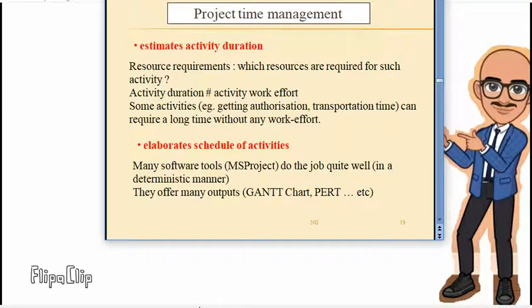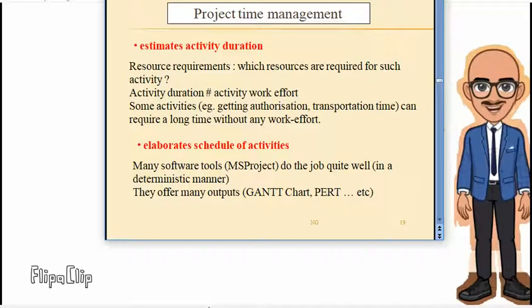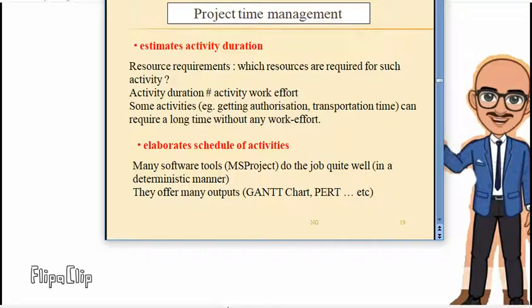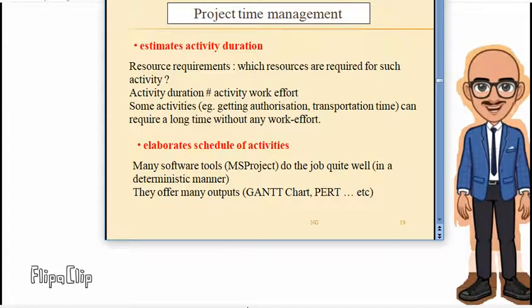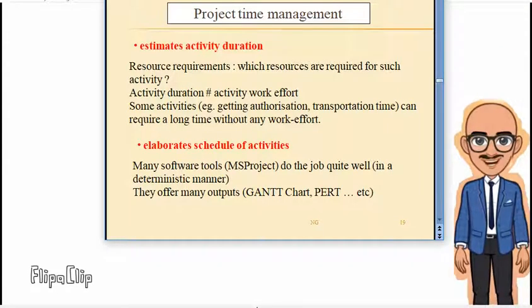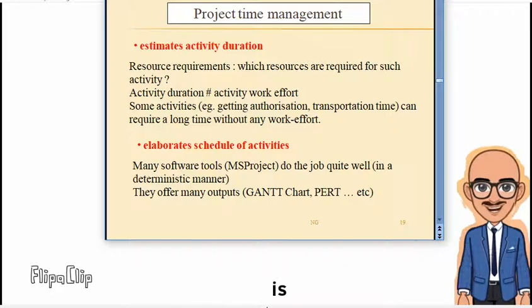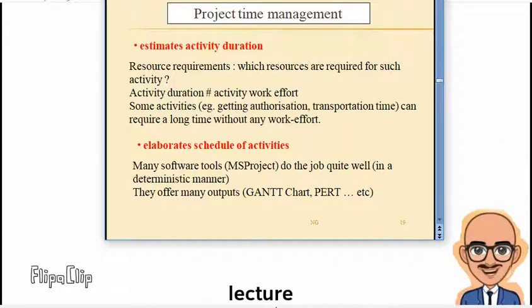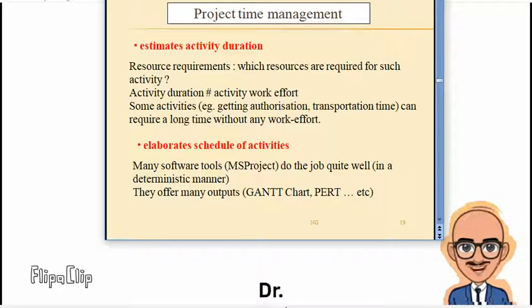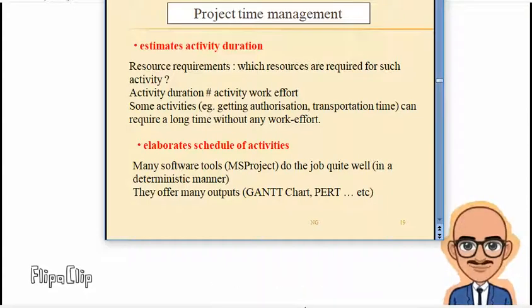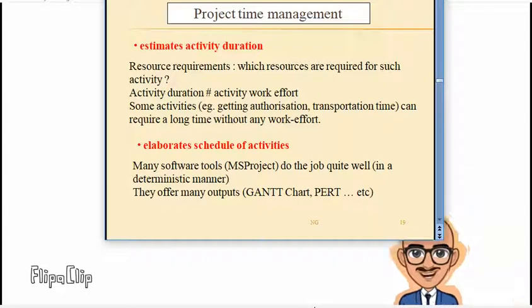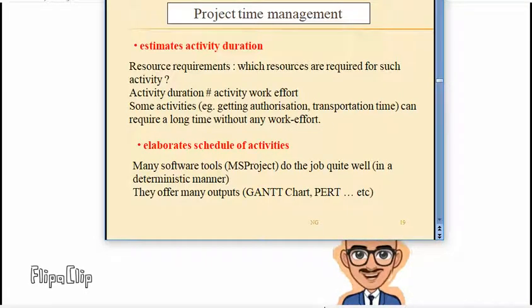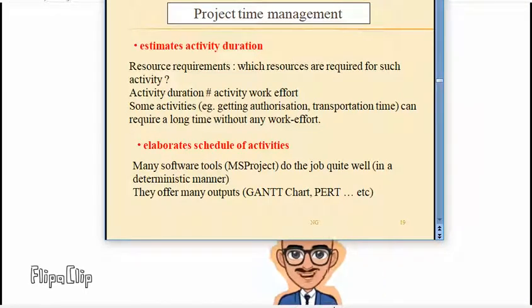So to do the jobs in a proper, well maintained, well sequential manner, these tools help us to schedule our activities, sequence our activities, and do our job according to the cost estimated, and while implementing we can check whether the work is going according to the proper planning or not.